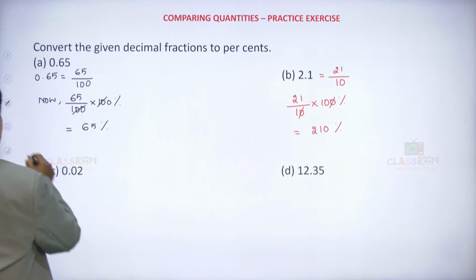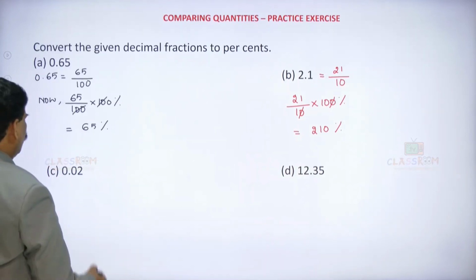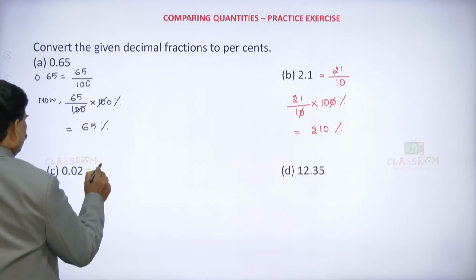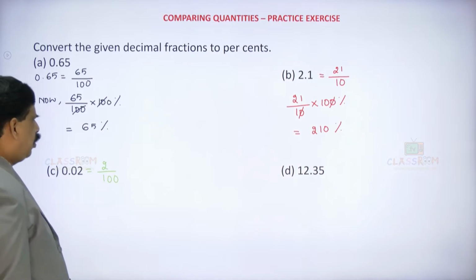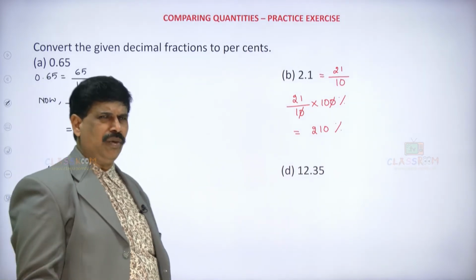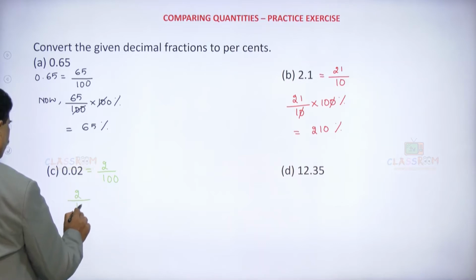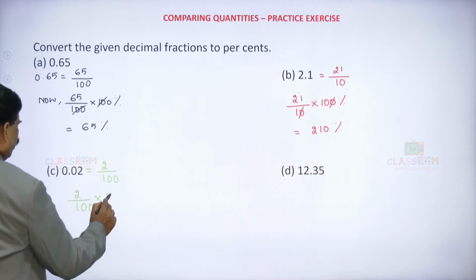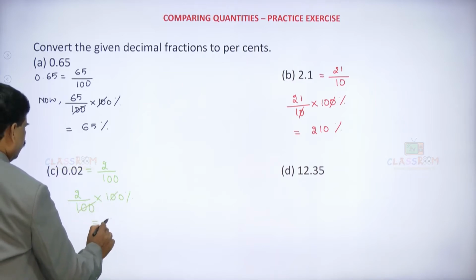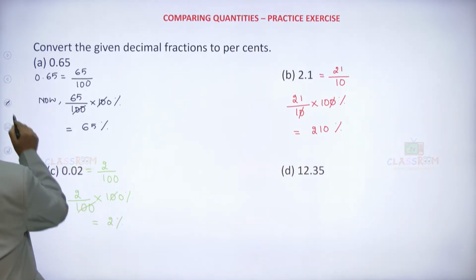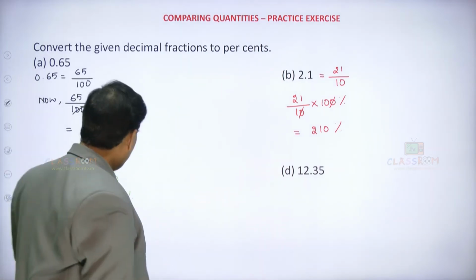It's clear, children? And now 0.02. We can write it as 2 by 100. Convert this now. It is 2 by 100 into 100%. 100 and 100 get cancelled. It is 2%. Clear? Or else move two places right.